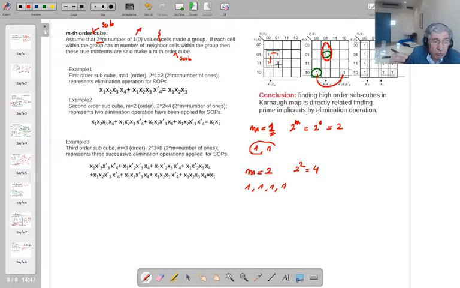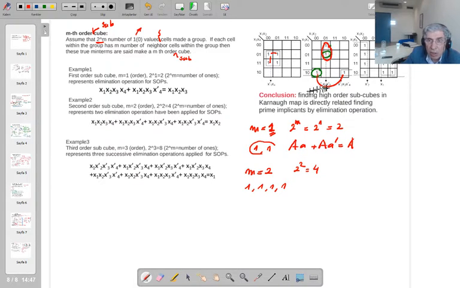Let's see the relation between the second order subcube and the operations. Just to remind you, the operation is variable elimination. For the first order, these 2 ones represent an operation like that.